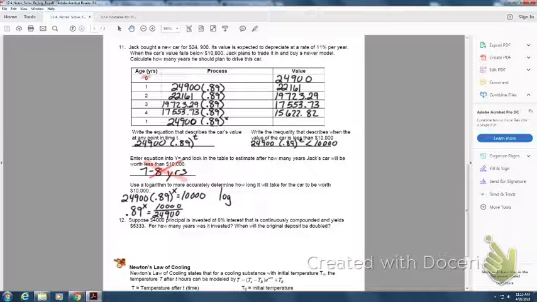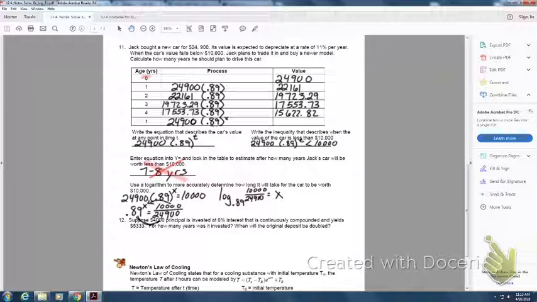So log base 0.89 of the whole fraction, 10,000 over 24,900, equals x. And then you just put that log in there. It's not a complicated log to put in. It's very similar to what you've already been doing.